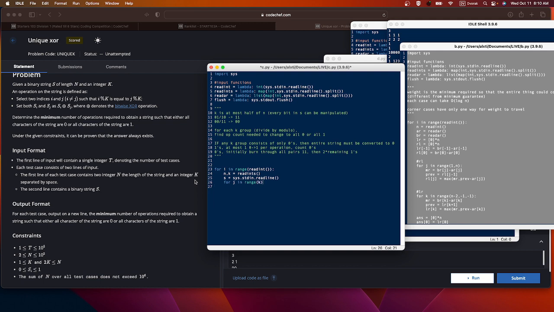So for j in range k, index is j, is this necessary? I don't know, but probably not. But I need my integers.